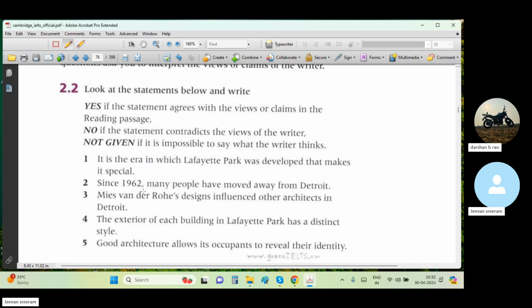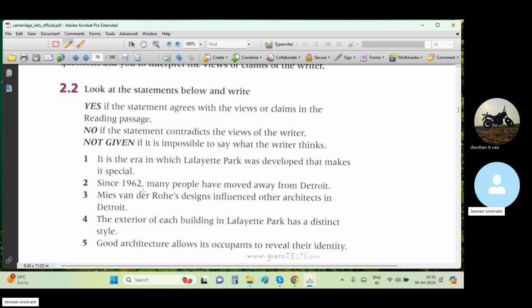So what do you say about this statement? It's not just era. Darshan, continue. This statement is giving the information that Lafayette Park was special because it was built in that particular era.